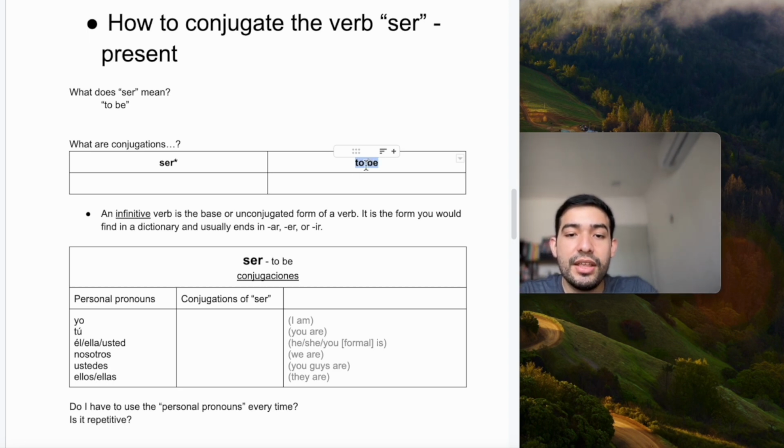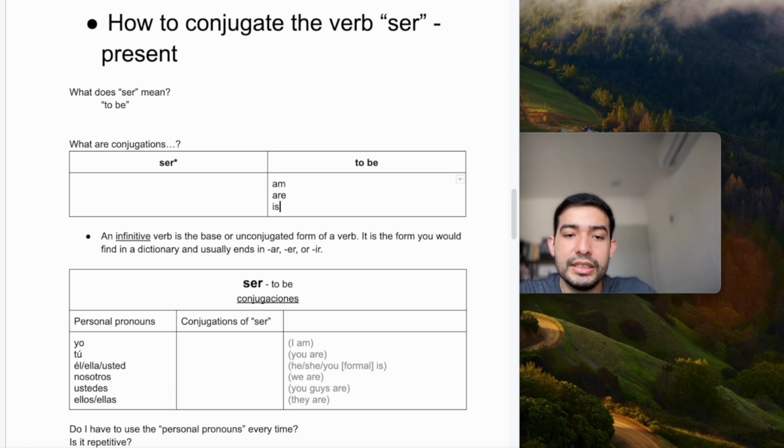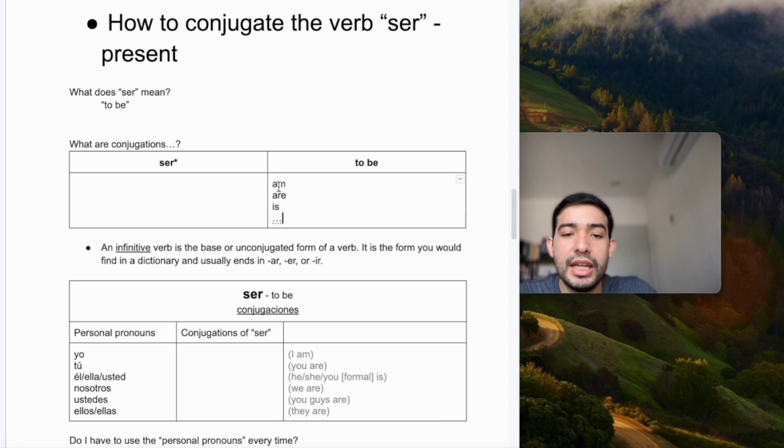This is the infinitive form, and every time that you change this verb, that will be called a conjugation. In English, for example, this would be am, you are, and he is, and then the rest, right? These would be the conjugations, and this is the base or infinitive form of the verb, right?